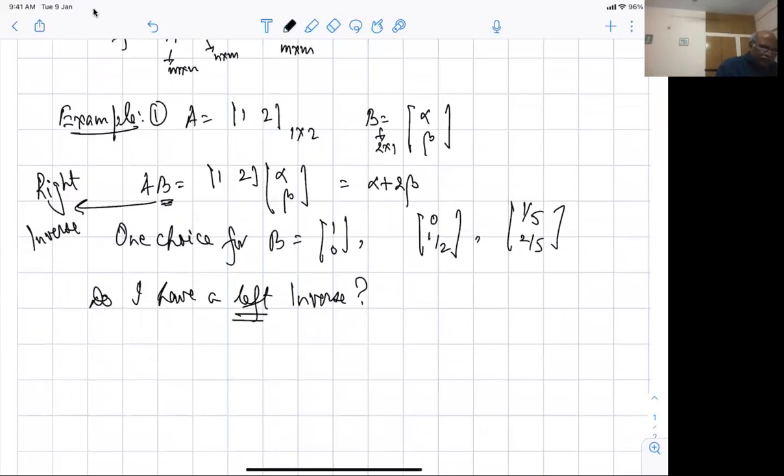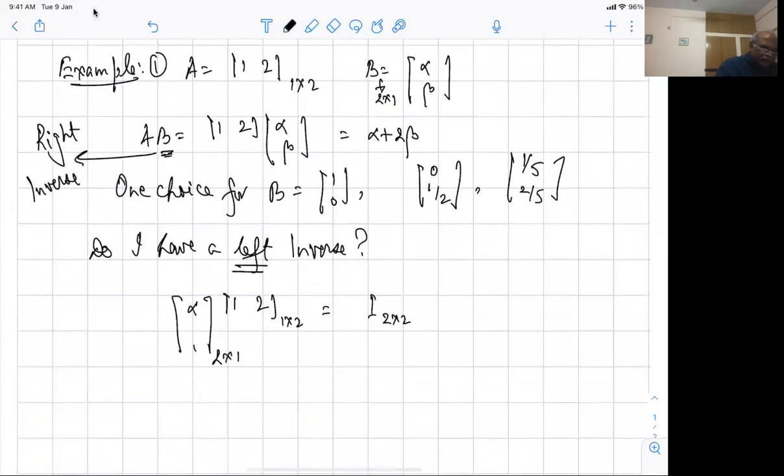So I want something. A is 1 comma 2. I want to multiply by this. If I look at this matrix, this is 1 cross 2. So my identity has to be 2 cross 2. So as I said, we need to multiply by something on the left. Fine. Is that okay? So I want something here. So 2 cross 1, so the matrix multiplication makes sense.